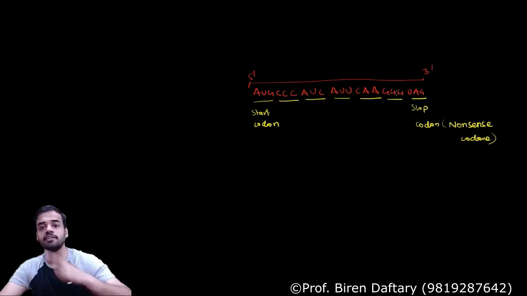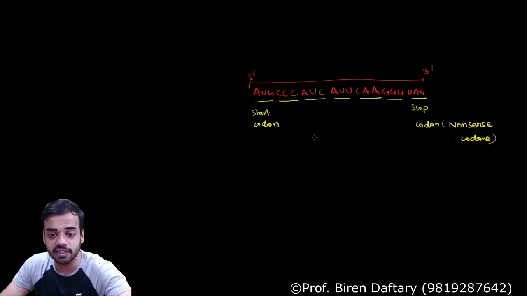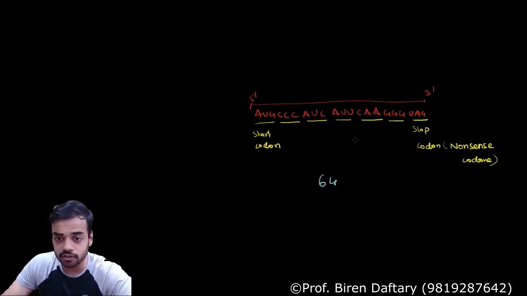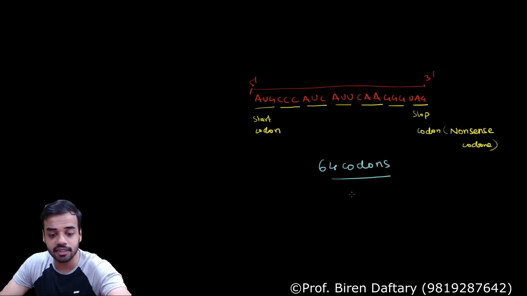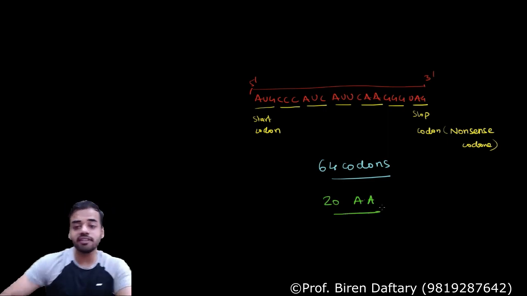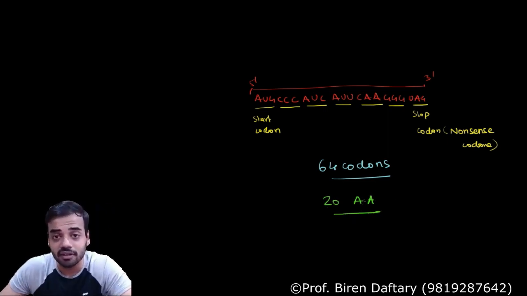Now what do we remember in genetic code? How many codons are present? 64 codons are present in total. Okay. So 64 codons will make up your genetic code. How many amino acids are present? The total number of amino acids which are present in the body are 20. So how will 64 codons form 20 amino acids?